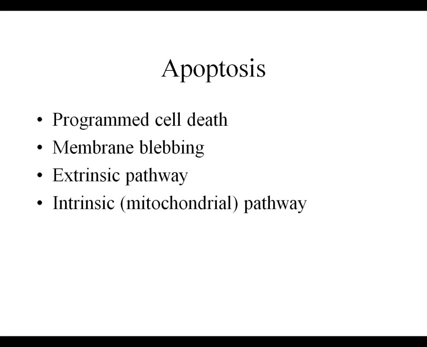So the cell is programmed to die, and instead of just bursting open and causing inflammation by its death, the membrane reforms and forms blebs and takes little pieces of the cell that's broken down, packaged nicely to be processed by macrophages, so it doesn't actually cause inflammation as it's dying. Programmed and packaged in a nice and neat, orderly way to die. This can be done by two pathways, the extrinsic pathway or the intrinsic or mitochondrial pathway.